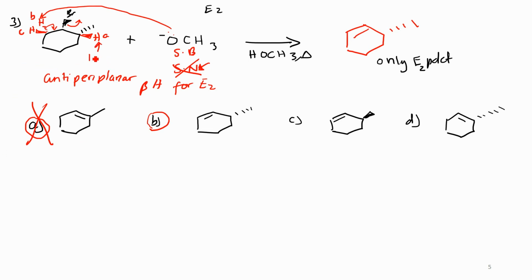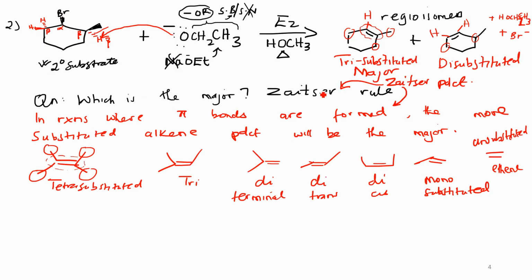It happens not to be the Zaitsev product, which would have been A, because again, this one is not anti-periplanar. They are on the same side as the Br. Both of them are toward it. They need to be opposite geometry, 180 degrees apart. So while we would have wanted to take out the A beta hydrogen, it's not in the correct orientation. Here, the beta hydrogen was in the right orientation.